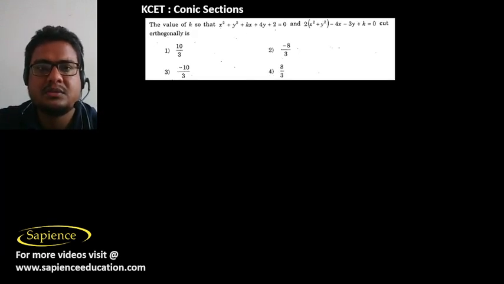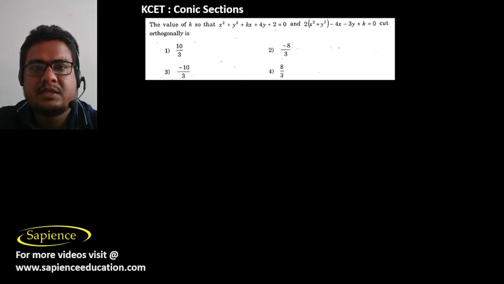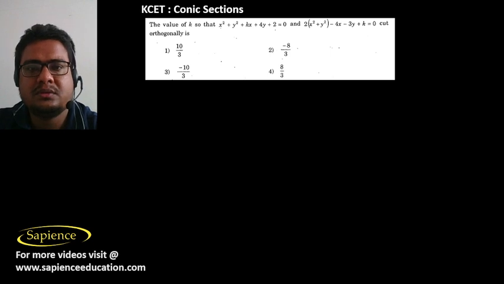Then here it is told, find the value of k such that these two circles cut each other orthogonally.